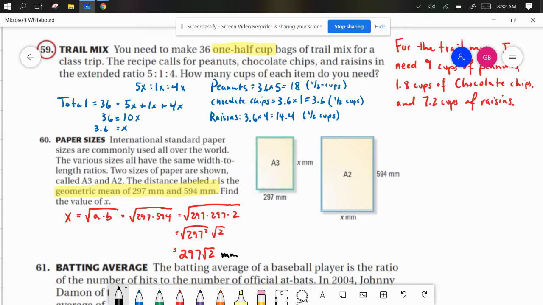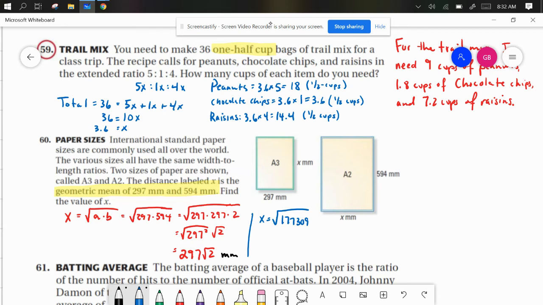Okay. Or if you multiply 297 times 594, you would have gotten a big number, 177309.